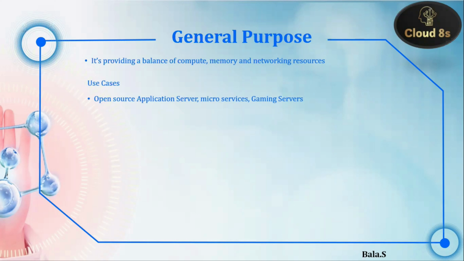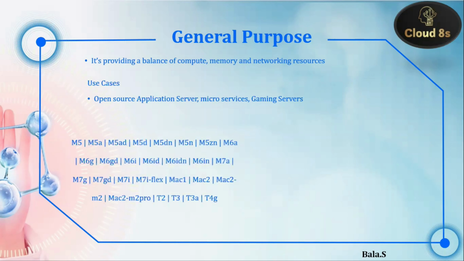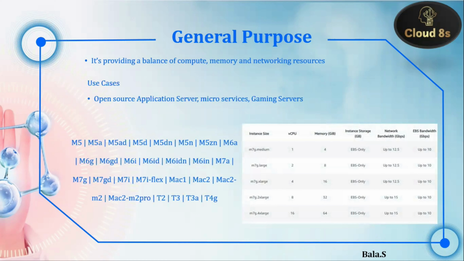The main thing to notice is that if you need a high number of CPU performance, or a memory optimized server, general purpose will not be suitable for those workloads. These are all general purpose instance sizes, and in each one they are providing different instance sizes. So based on our requirement, we can choose whatever we want.